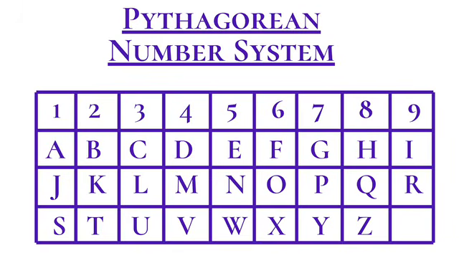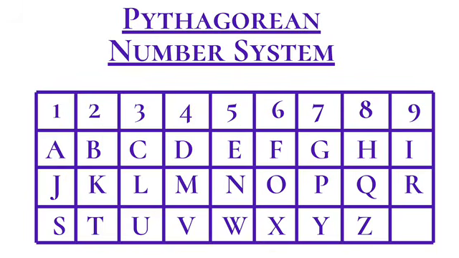And it's called the Pythagorean system because it was created by Pythagoras, who was a Greek mathematician, and he was the mathematician who created the Pythagorean theorem. And he is actually the father of numerology, and he discovered that all numbers hold an energy and they all hold a specific vibration.